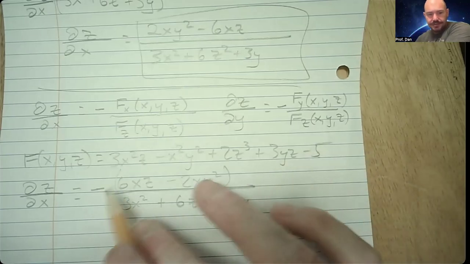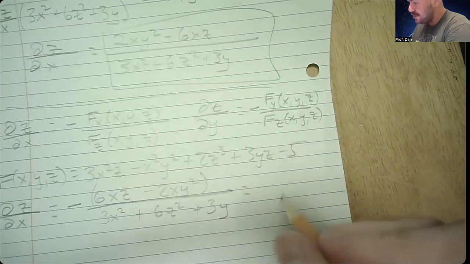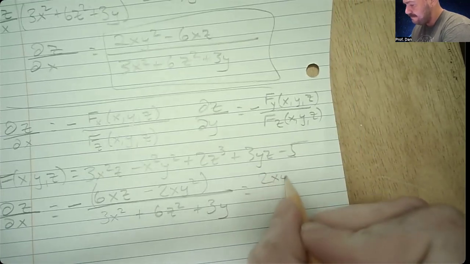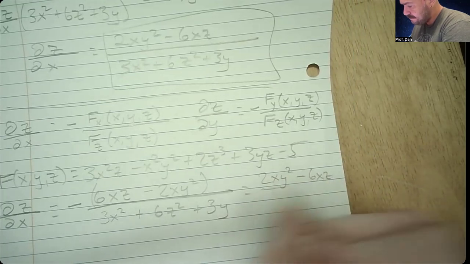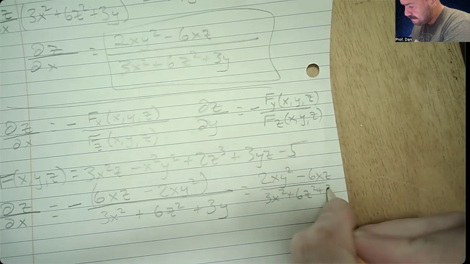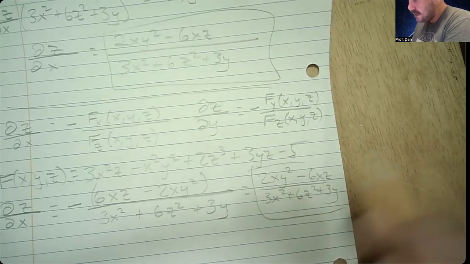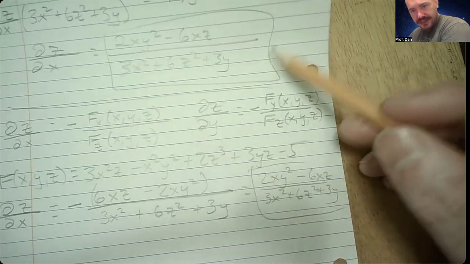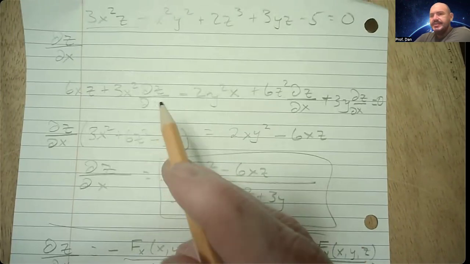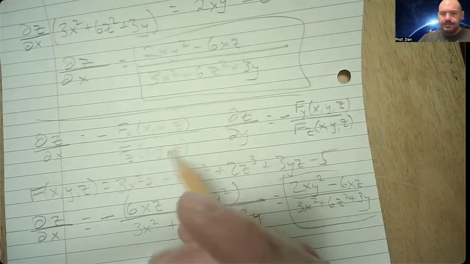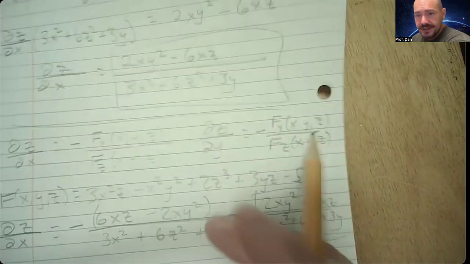Okay, now if I distribute this negative to both terms, guess what we get? The exact same thing that we got up here. But it moved a lot faster, and we didn't have to worry about those pesky dz dx's to be able to get our derivative implicitly.